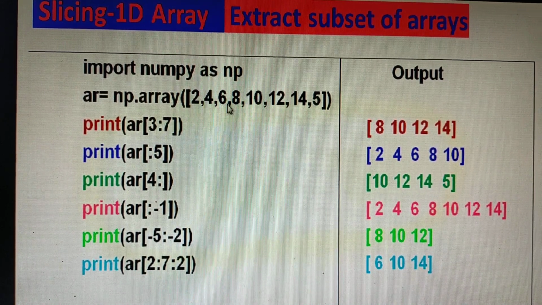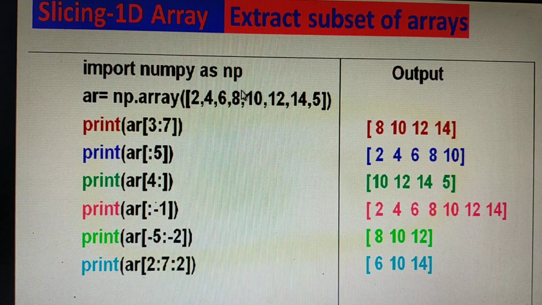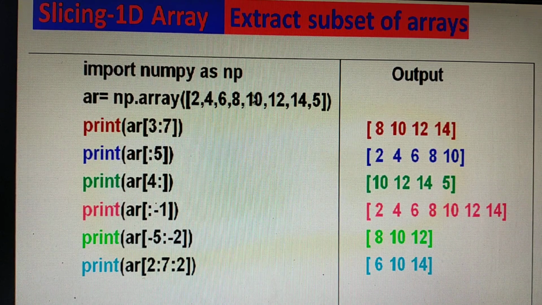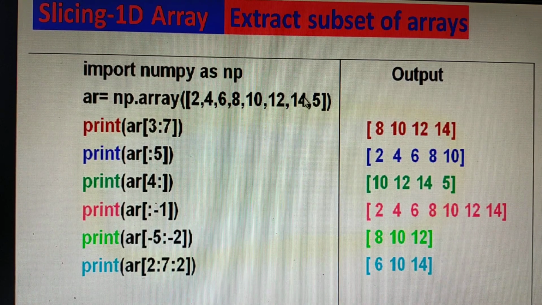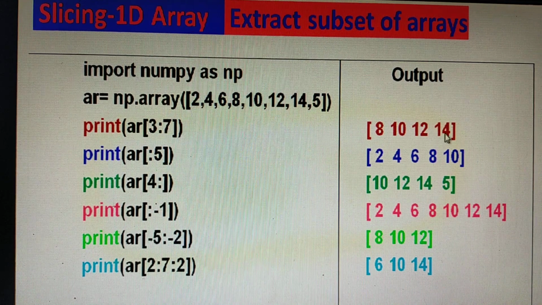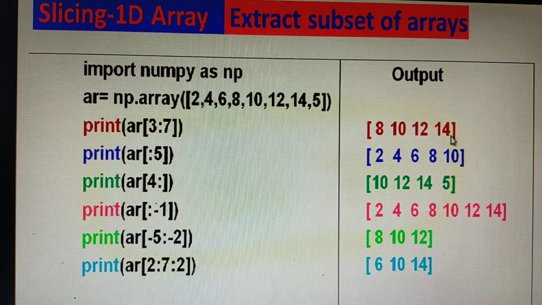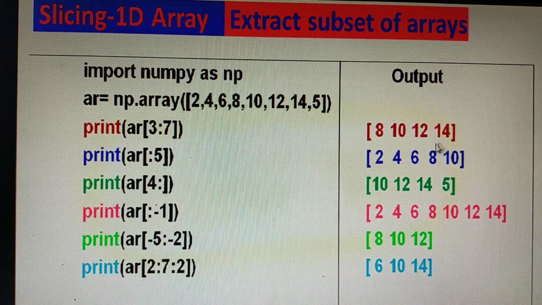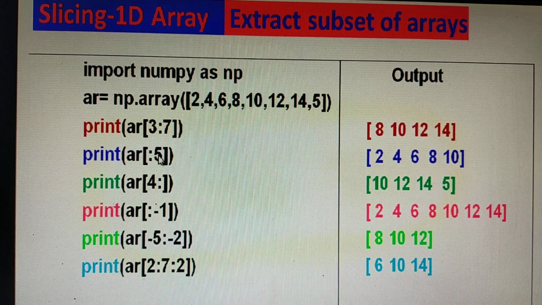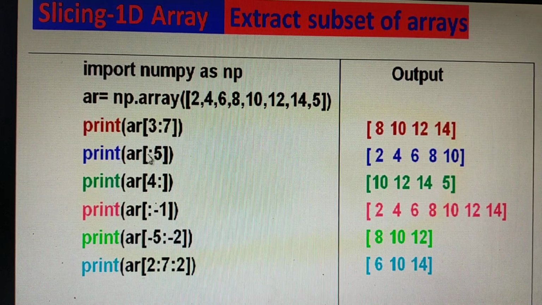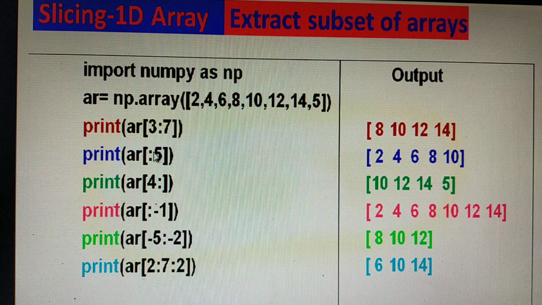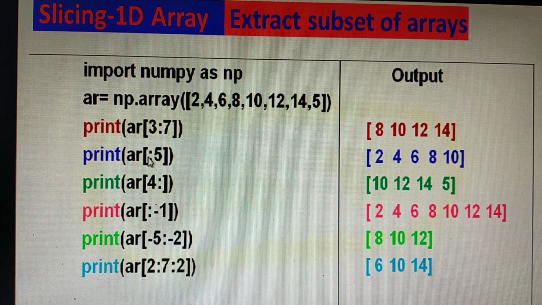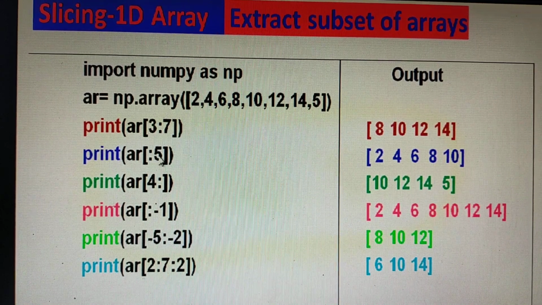So 0, 1, 2, 3. From 8 to 14 it will access. That is, index 3 to 6 will be accessed. Colon 5 means that if no starting number is given, it is considered from the beginning, so from 0 to 5.